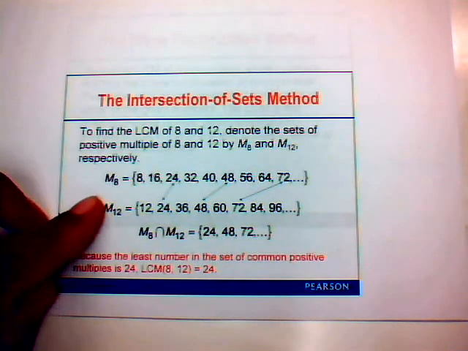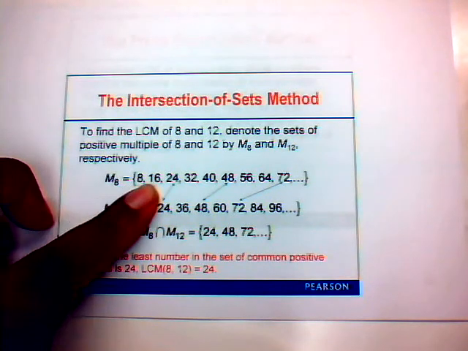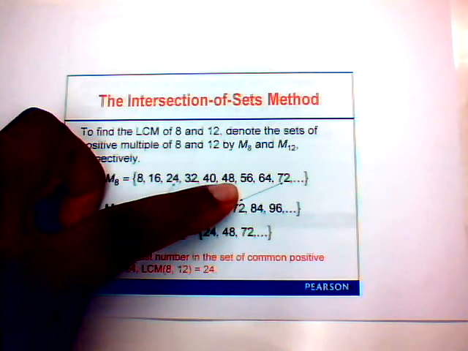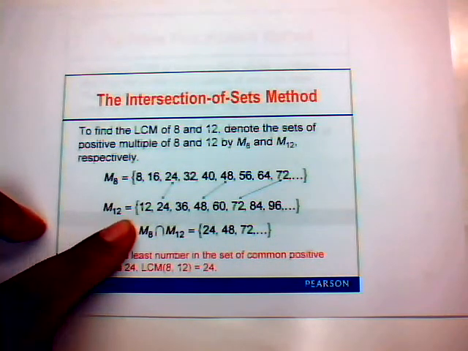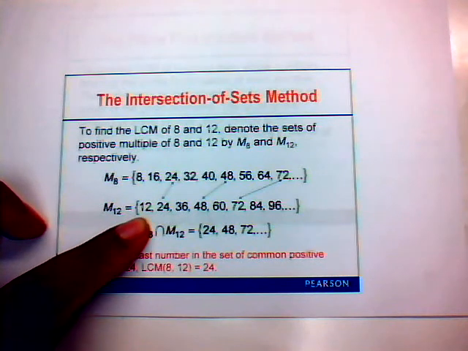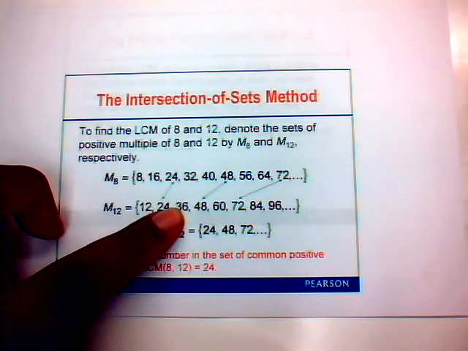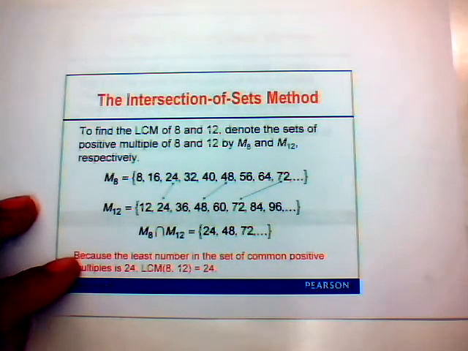So for M sub 8, the multiples of 8 are 8, 16, 24, 32, 40, 48, 56, 64, 72. And for M sub 12, the multiples of 12 are 12, 24, 36, 48, 60, 72, 84, and 96.